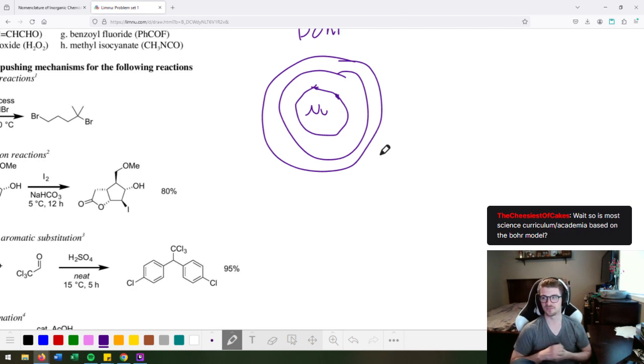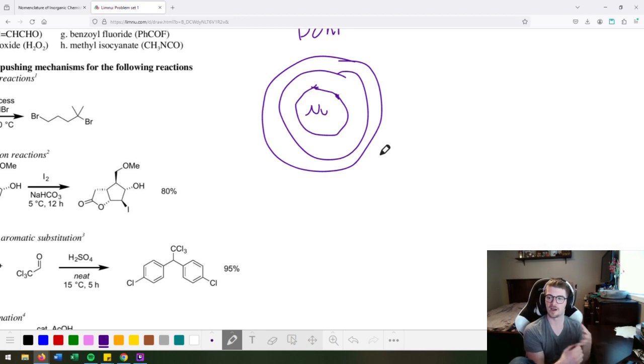And so is most science curricula based on the Bohr model? Nope, absolutely not. It gets introduced, but as part of the progression of our understanding of atomic theory, and so it's held up as important in that respect.